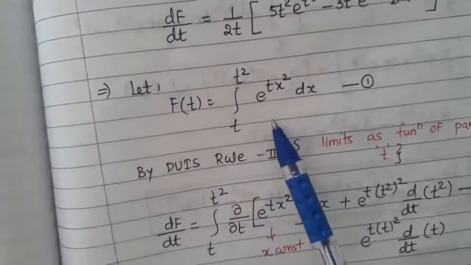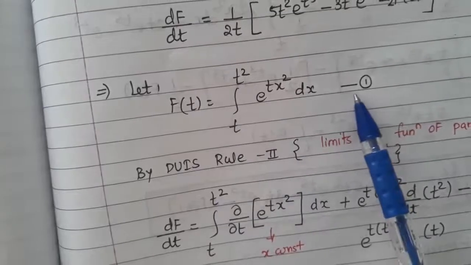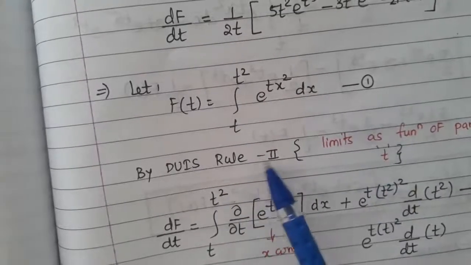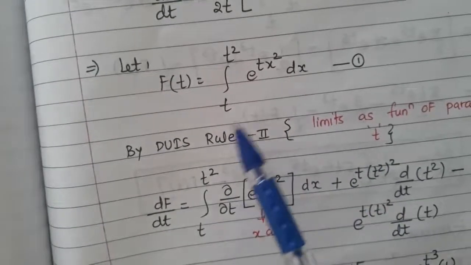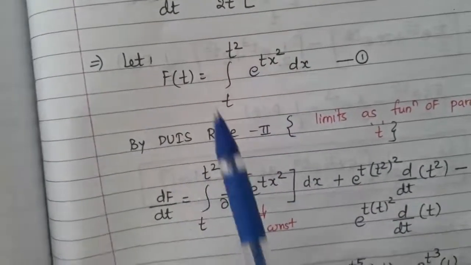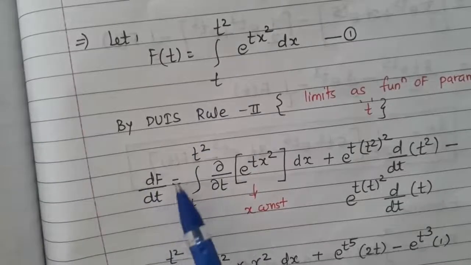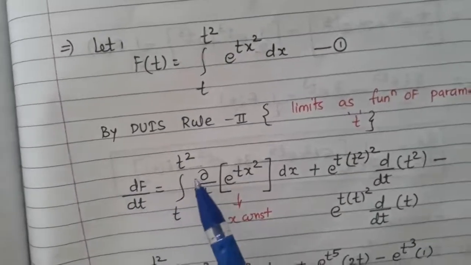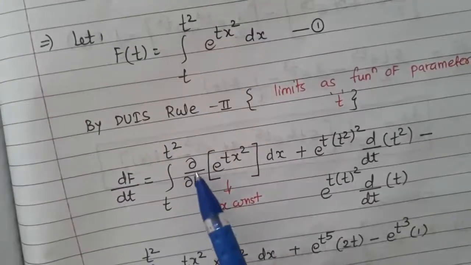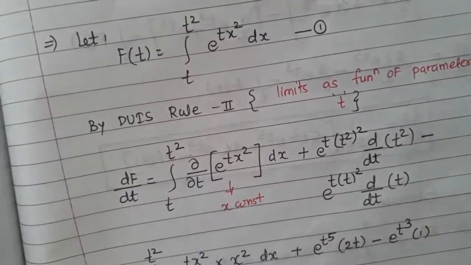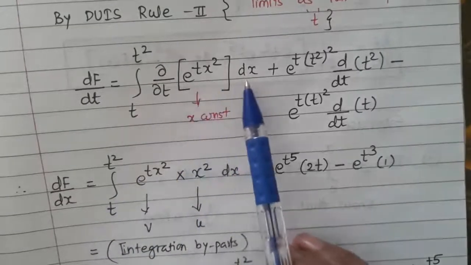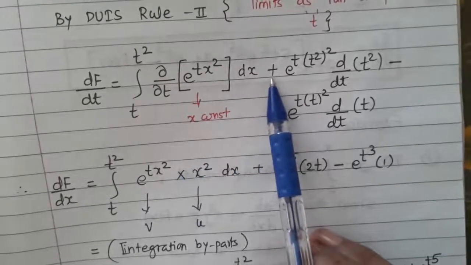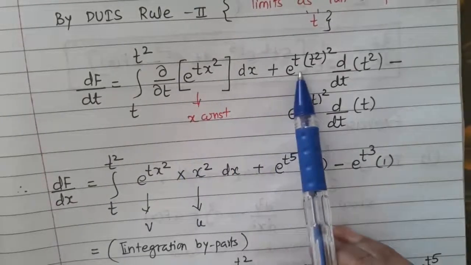Write the given integral as it is, call it equation number 1, apply DUIS rule 2. Here the same thing happened, we already discussed that. So differentiate on both sides: df upon dt is equal to integral of t to t square partial derivative with respect to t of e raised to t x square dx, plus value of the function at the upper limit.